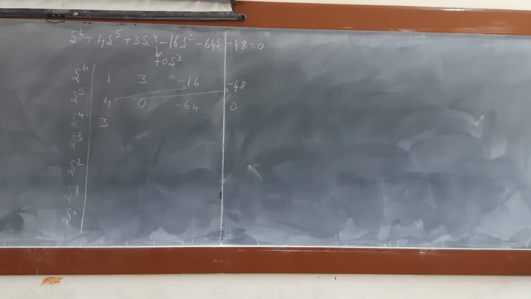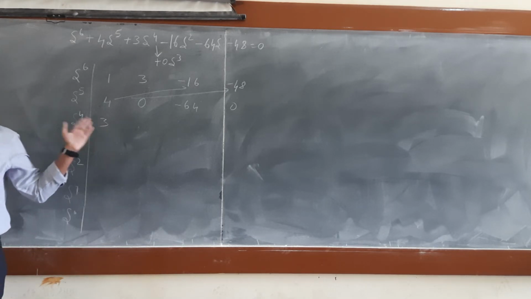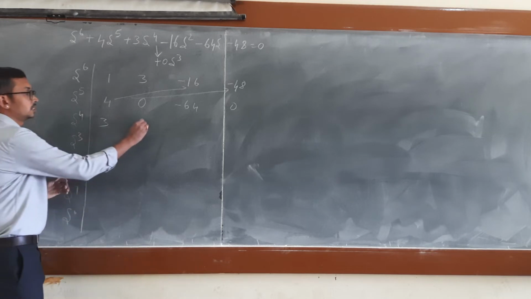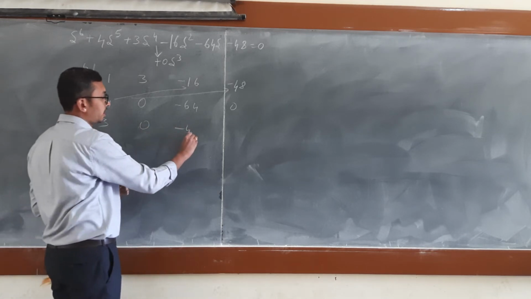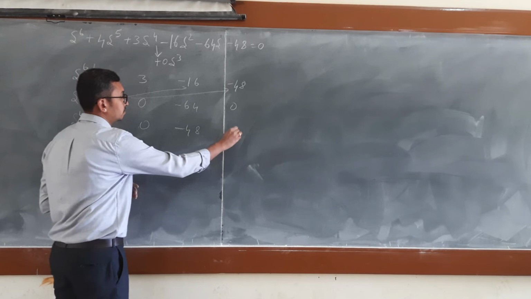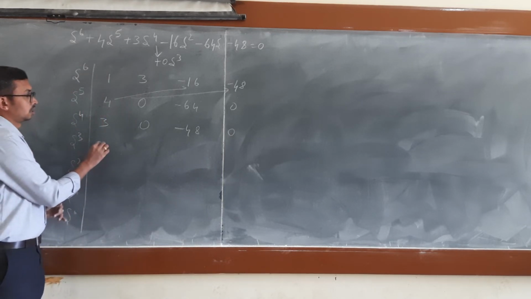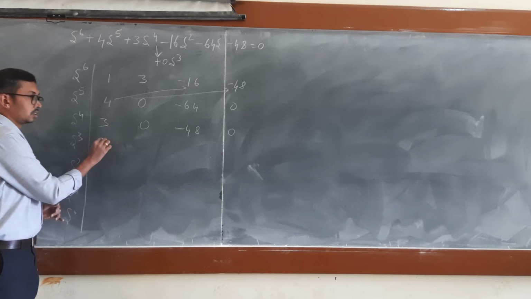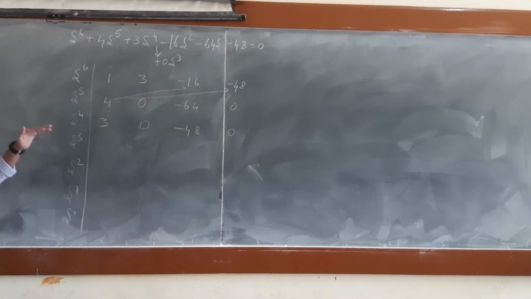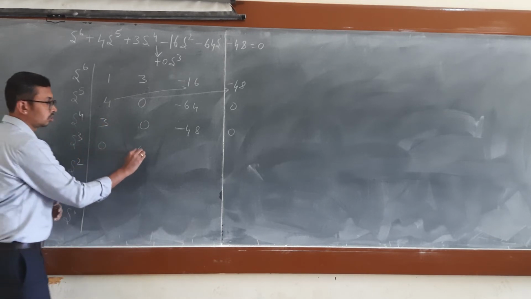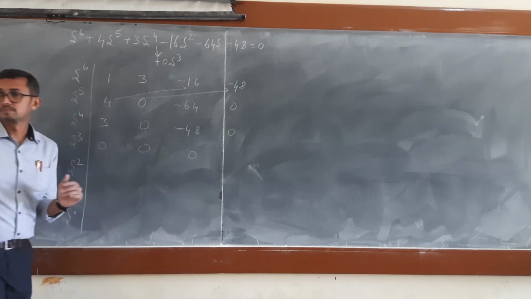Rakesh, please tell me the row of s to the power of 4. 3, 0, minus 48, 0. Next, s to the power of 3. When you apply the rules, s to the power of 3 becomes 0, 0, 0.